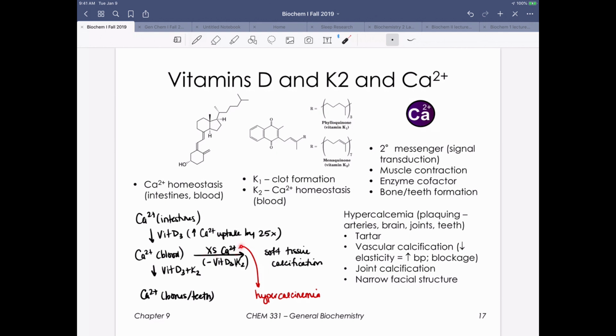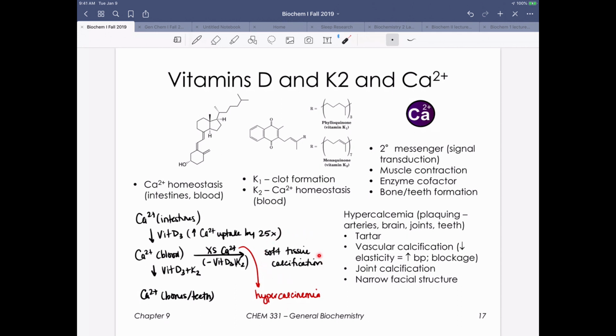So if you have either excess calcium and or you are deficient in vitamin D3 or K2, you're going to have this calcium build up in your bloodstream, and that's what we refer to as hypercalcemia. So hyper meaning high, calcium, and then emia refers to anything that's in your blood. If we talk about urea, that's going to be in your urine. So high calcium blood levels.